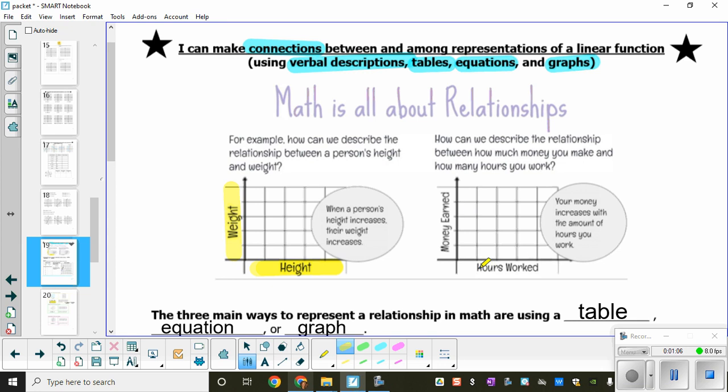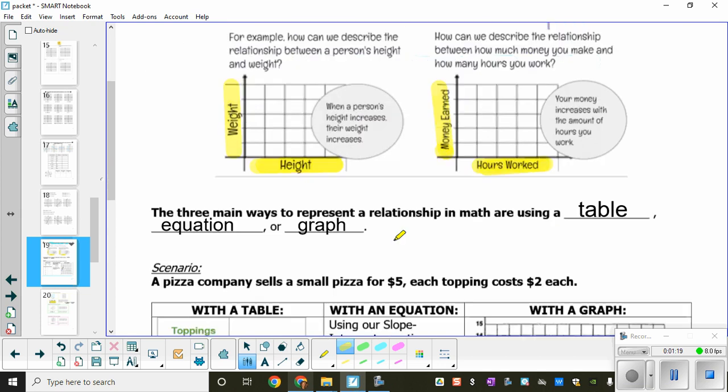We also see it with the more hours that someone works, the more money they're going to be earning. So again, in math, we've just been looking at the relationship and graphing things on the coordinate plane. The main ways that we've been representing the relationships are those tables of values, the table, writing our linear equations like y equals mx plus b, and graphing on the coordinate plane.